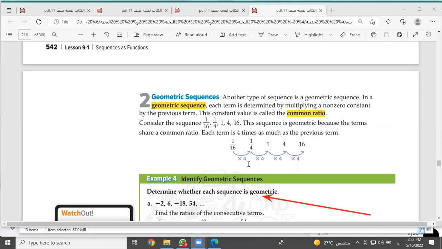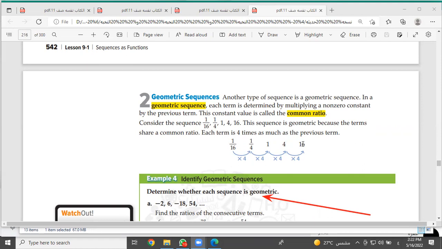If we multiply it by 4, the second term will be a quarter. To get the third term, multiply by 4, it will be 1. Multiply by 4 equals 4. Multiply by 4 equals what? Equals 16. So there is a common ratio.